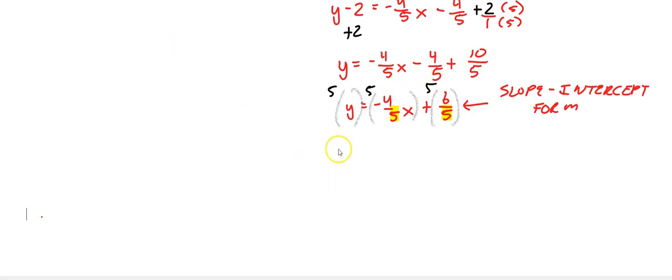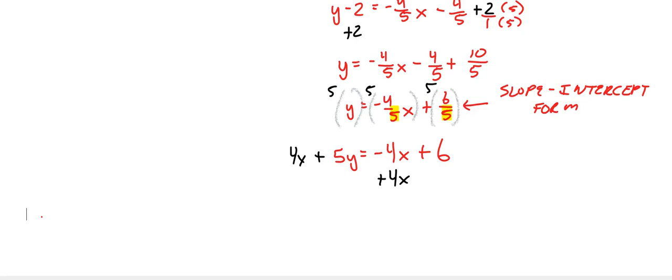That is going to give me 5y equals negative 4x plus 6. Now I need to move the x to the other side. To do that, I'm going to add 4x here, then I'm going to add 4x to the other side.